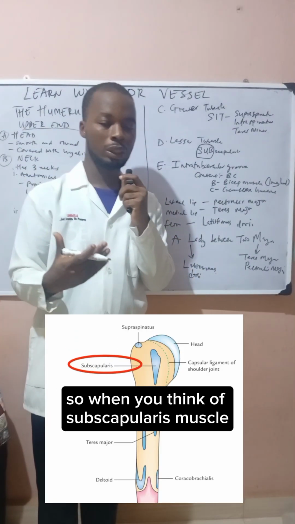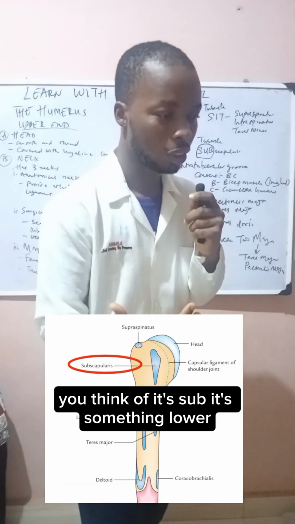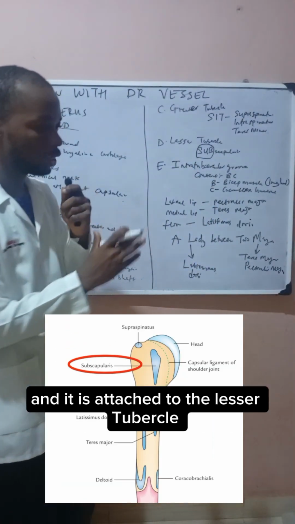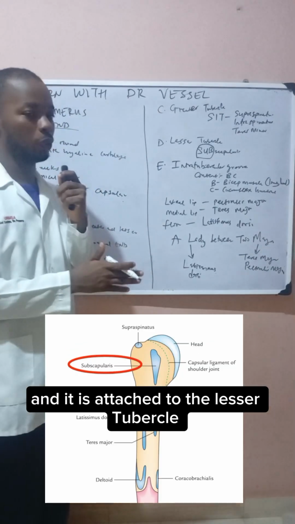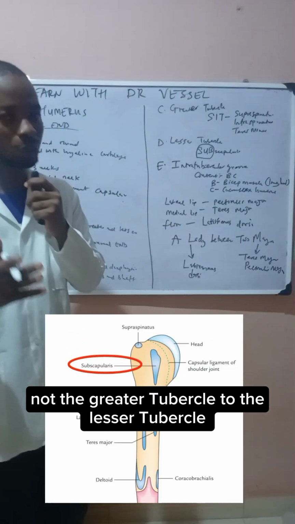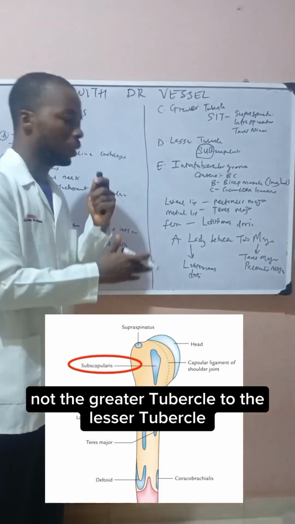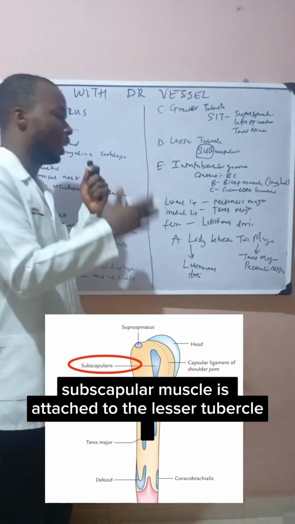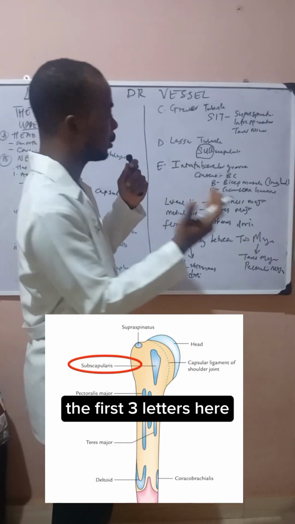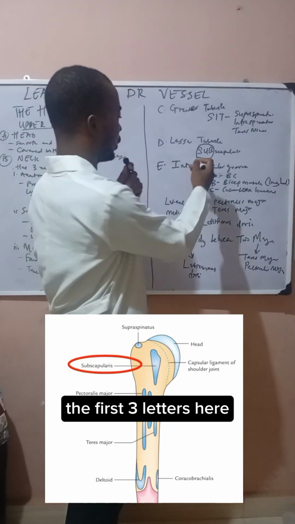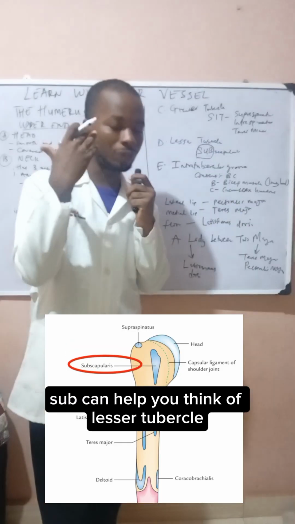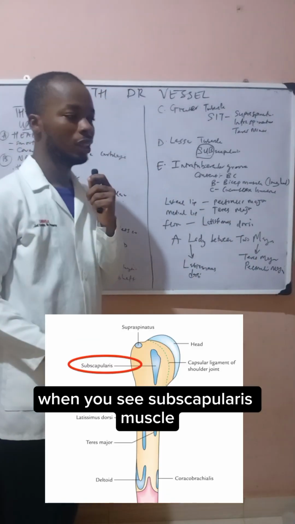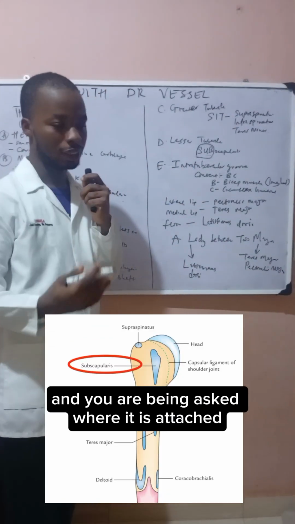So when you think of subscapularis muscle, you think of sub, something lower, and it is attached to the lesser tubercle, not the greater tubercle. The first three letters here, sub, can help you think of lesser tubercle when you see subscapularis muscle and you are being asked where it is attached.